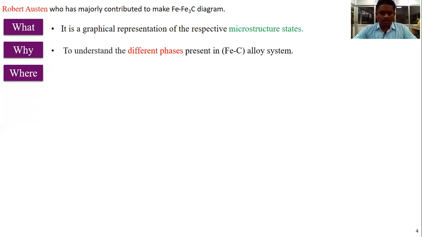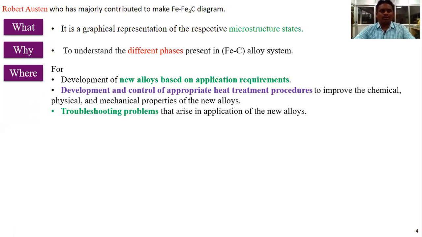And the application is, one may want to develop new alloys based on application requirements, and to modify those new alloys by changing various chemical, physical, and mechanical properties. And while using these new alloys, if any problems arise, by using this iron carbide phase diagram, one can easily solve the problems.